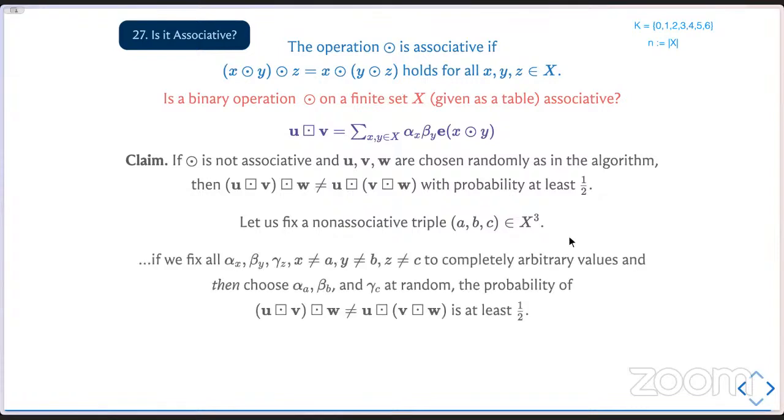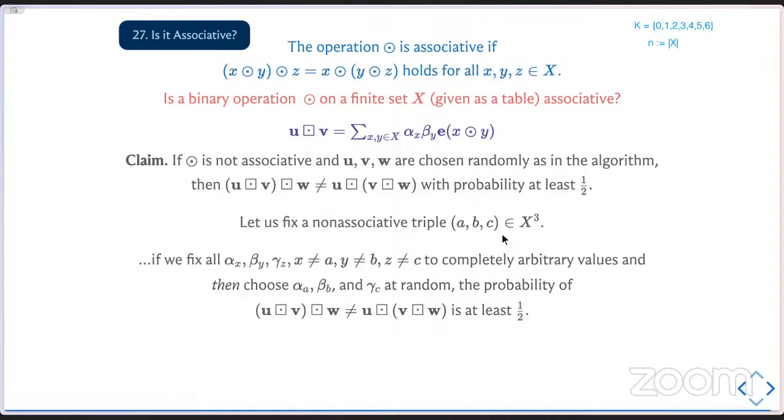And now imagine that we've made all our random choices. So remember that for every element in X, we picked 3 things at random from S, from our 6 elements of the field. So assume, in fact, that we have made all of these choices and fix them to being arbitrary choices. Don't really care.